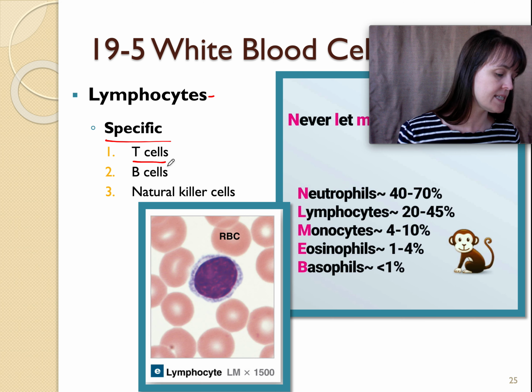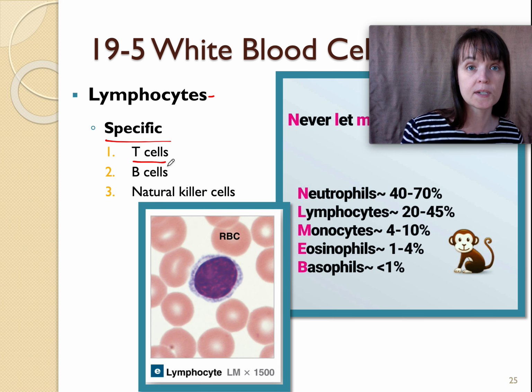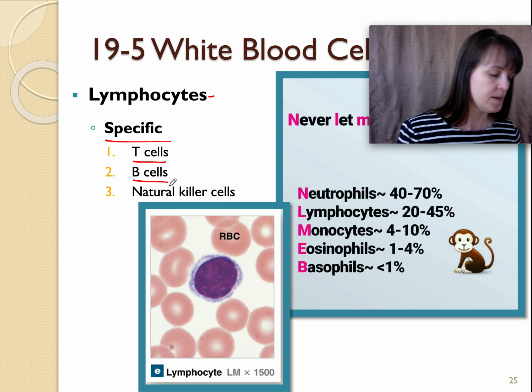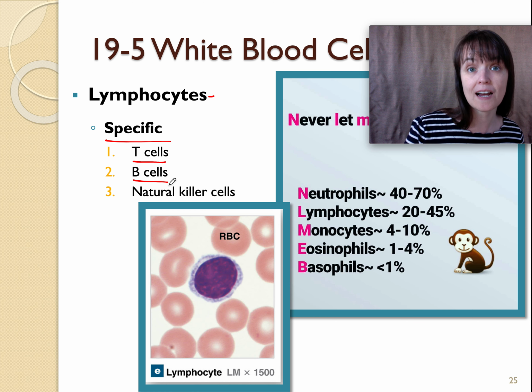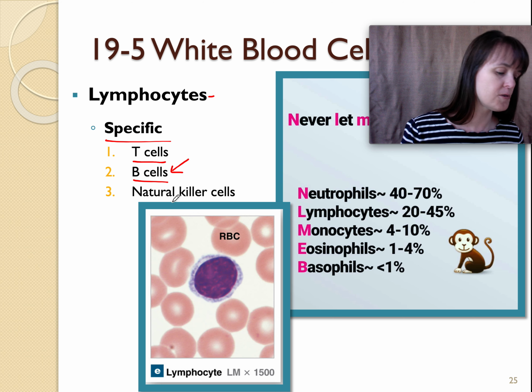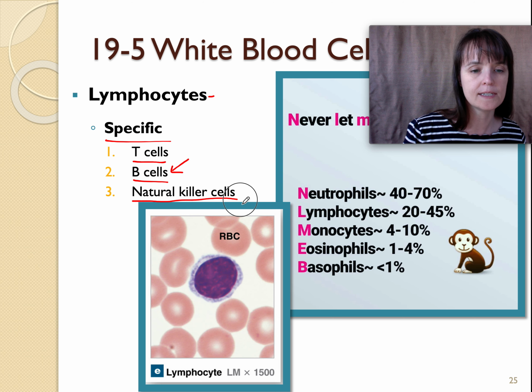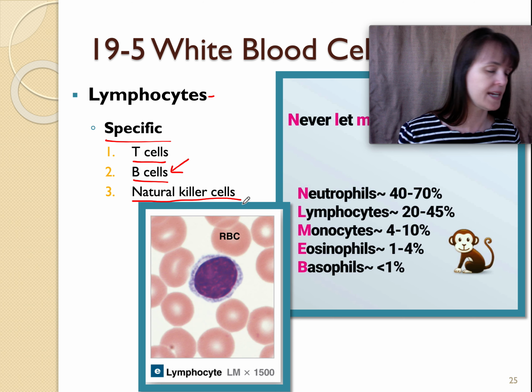The T cells attack foreign cells. There's a bunch of different types of T cells. B cells make antibodies. So when you become sensitized to the Rh surface antigen, it's the B cells that make the anti-Rh antibodies. And then, of course, the natural killer cells, which are fun, and they help prevent cancer.